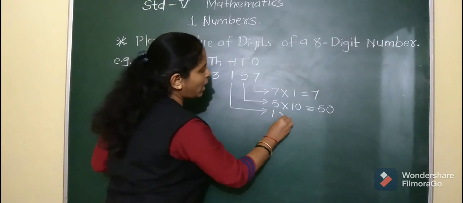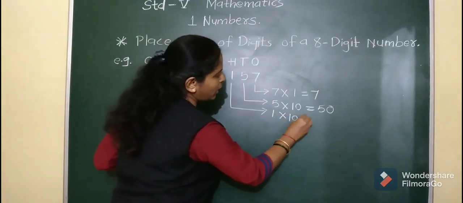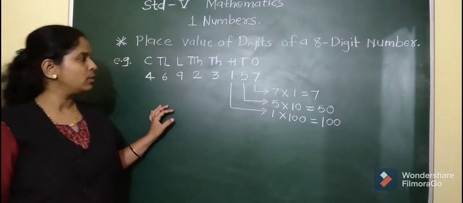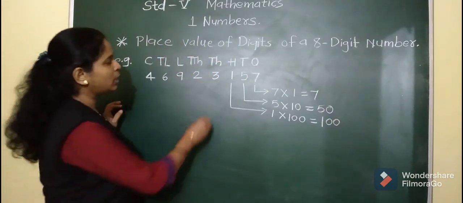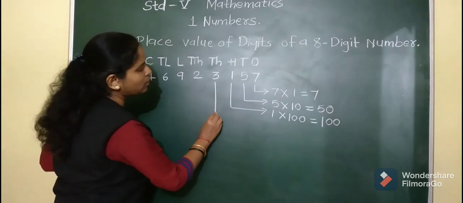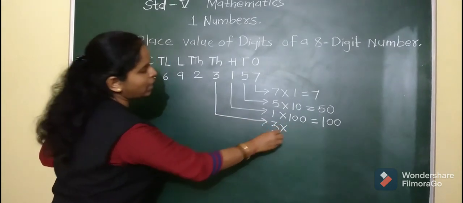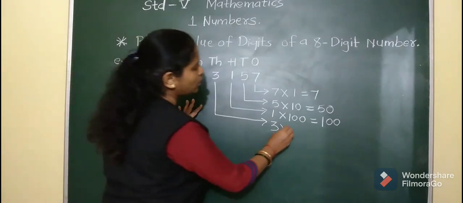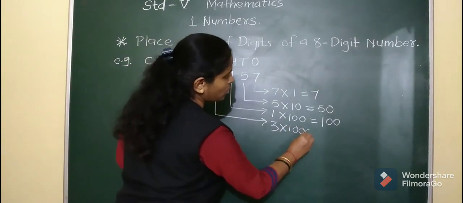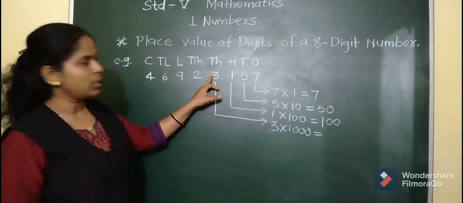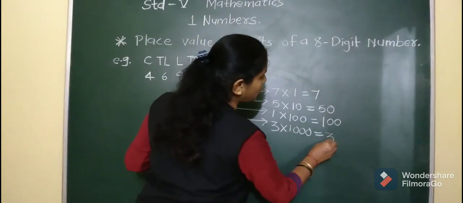So we multiply 1 by 100, that is 100 into 1 is 100. Next 3. 3 is at thousands place. So we have to multiply 3 by 1000. So the place value of this 3 is 3000.